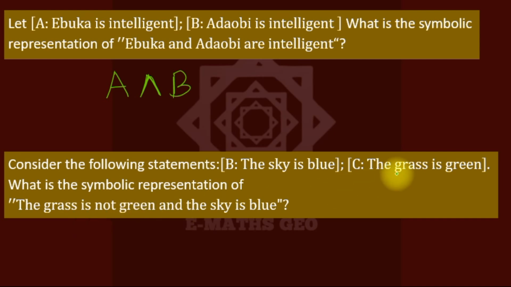So the grass is green is C, but they said not green, so we negate C. And we write our symbol, which is this, and the sky is blue, which is B. So that's our answer. It's very simple.